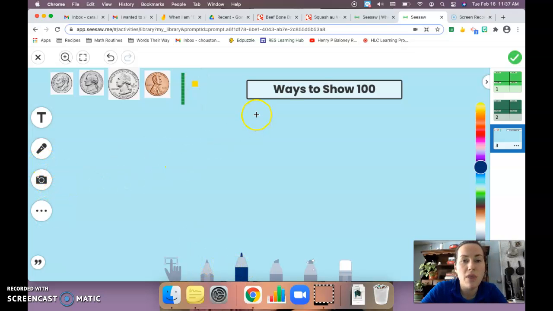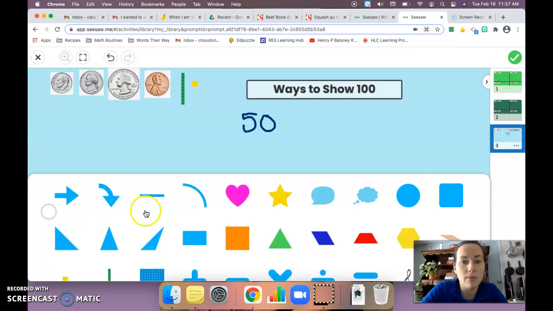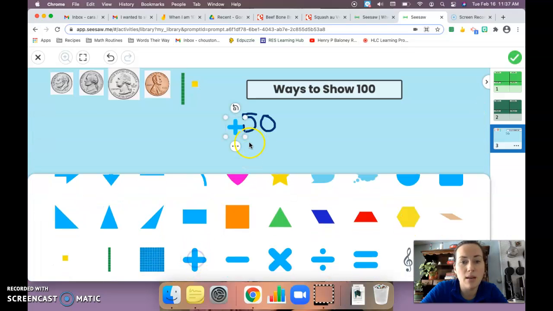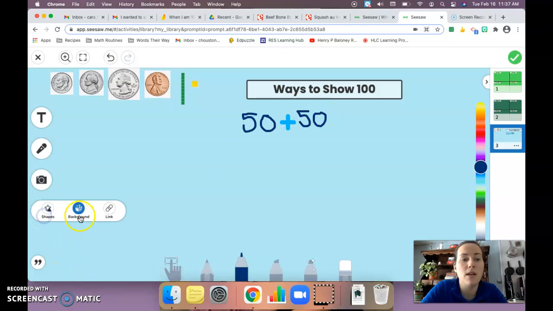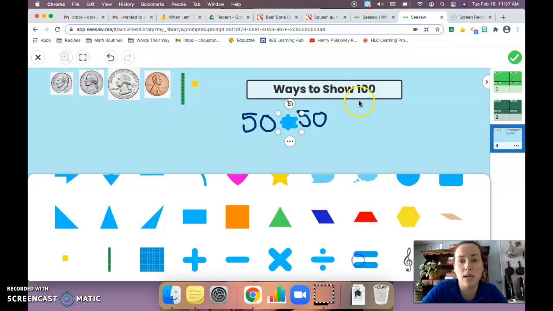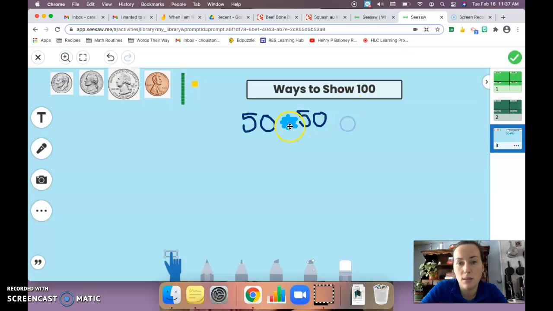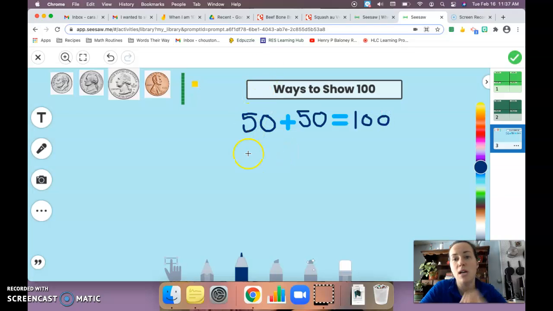Well, I know that if I have 50, and then this is when I can use one of my shapes because there is a plus sign, plus 50 equals, and there's another shape in here that is the equal sign, equals 100.